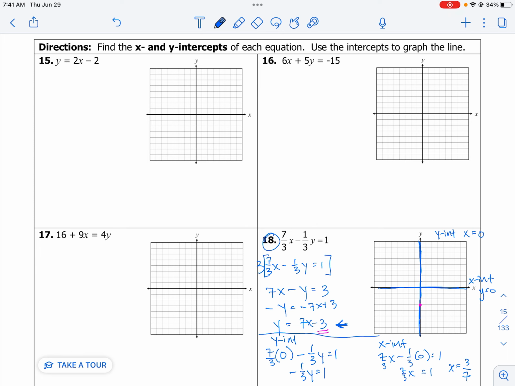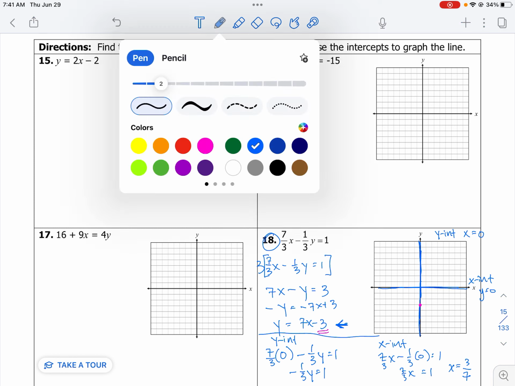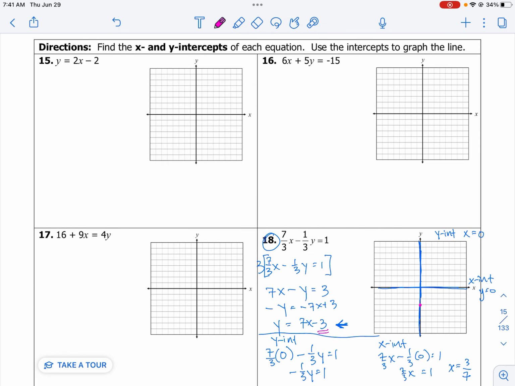And that is, let's see, a little bit less than 1/2. And so that's right here. So here is my line for that. I graphed by finding the x and y intercepts, which, to summarize, is plugging in 0 for x and 0 for y into two separate little problems to be able to find the intercepts and graph.